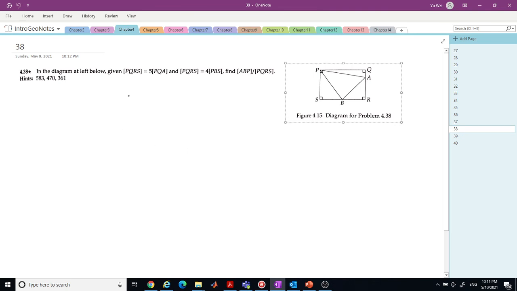So in the diagram, it gives you the relationship of PQRS and PQA, and PQRS and PSB, right?